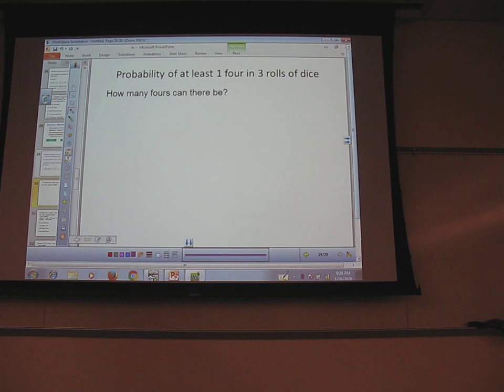How many 4s is that? 1 or 2 or 3. Good. Everybody on board? That's at least 1.